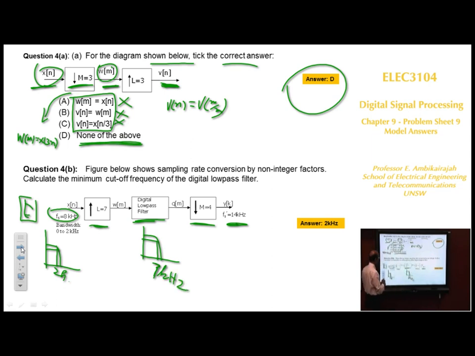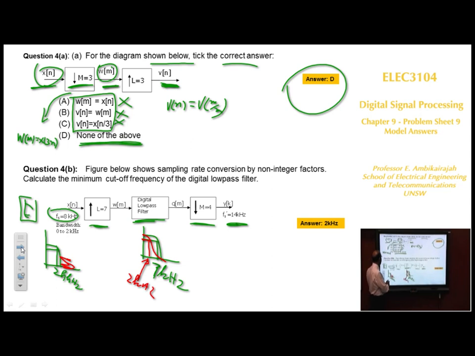Yeah. But if your original spectrum is only 2 kHz, why do you put a lot of effort to make this 7? So all you need, the bandwidth of the filter, 2 kHz will do. Because no signal outside the 2 kHz is coming through. So all you need is a bandwidth of 2 kHz.